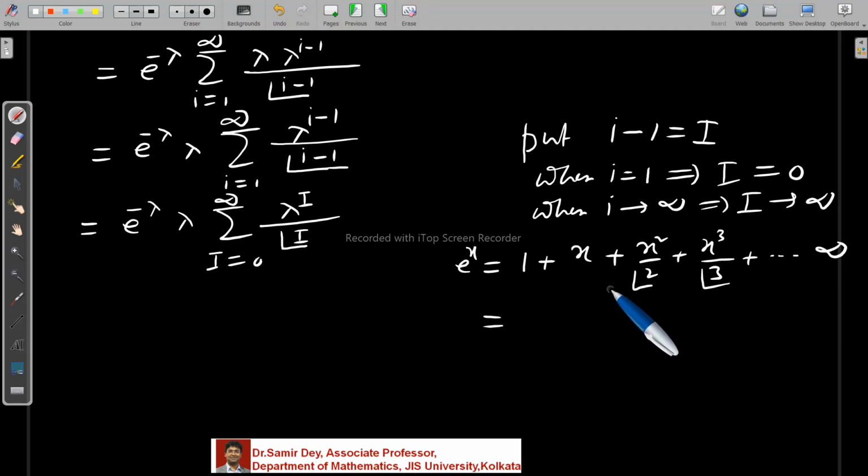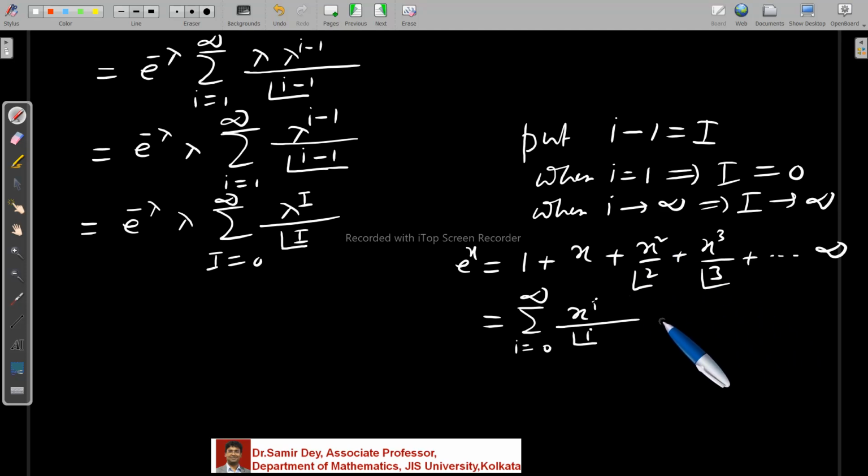This expression is an infinite series, and it can be written as summation i equals 0 to infinity x to the power i by factorial i. Clear? If I put i equals 0, the first term will come. If I put i equals 1, then the second term will come. And if I put i equals 2, then I will get the third term and so on.